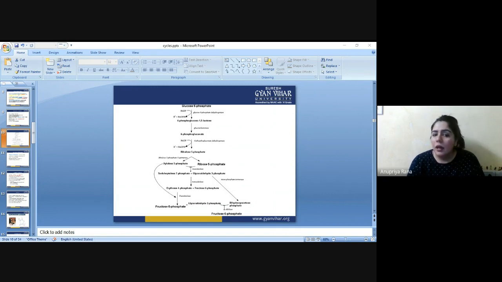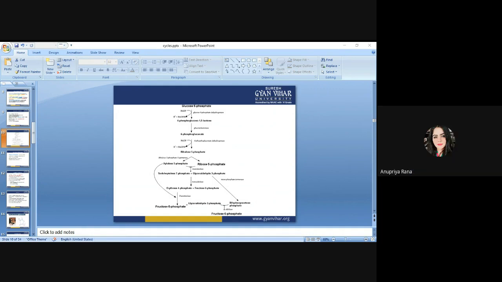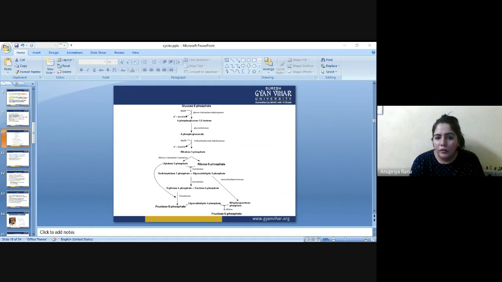Only one carbon is lost in the oxidative phase, but in the non-oxidative reversible phase, whatever carbon number was initiated in the first form stays. You can see there are now two divergent paths. One is ribulose 5-phosphate 3-epimerase, an enzyme used here first for the production of xylulose 5-phosphate.